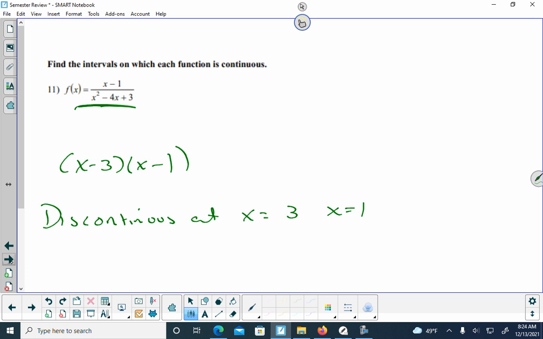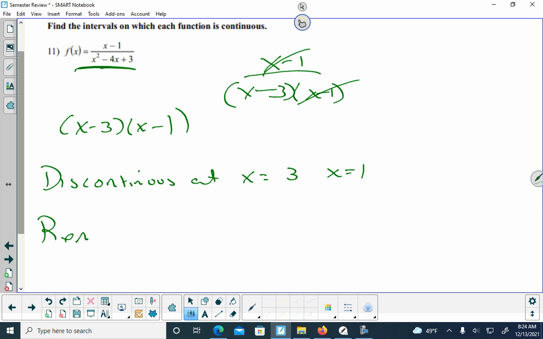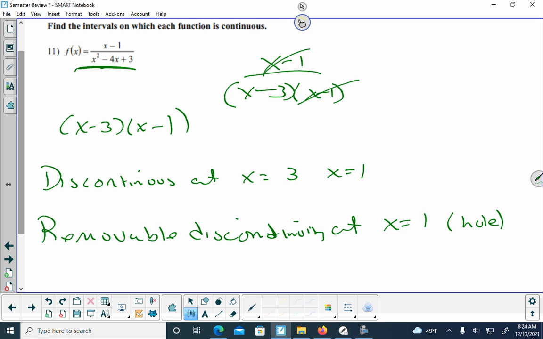But if I were to write this as x minus 1 over x minus 3, x minus 1, I can see that the x minus 1s will simplify. So it's going to be a removable discontinuity at x is equal to 1, which means I'm going to have a hole. I'm probably not even going to see it when I graph it on my calculator.